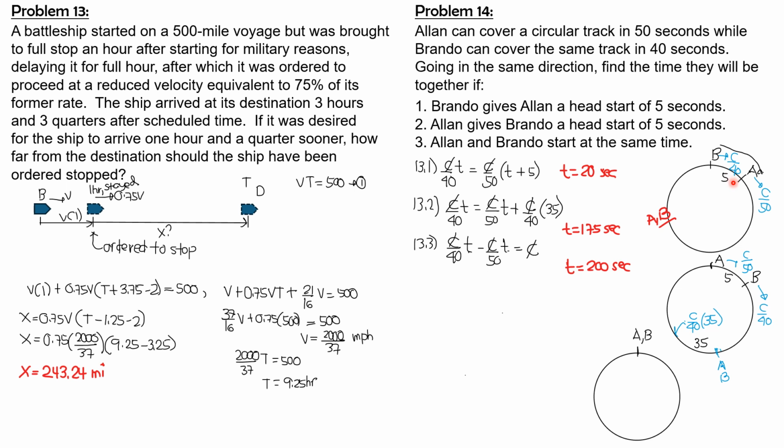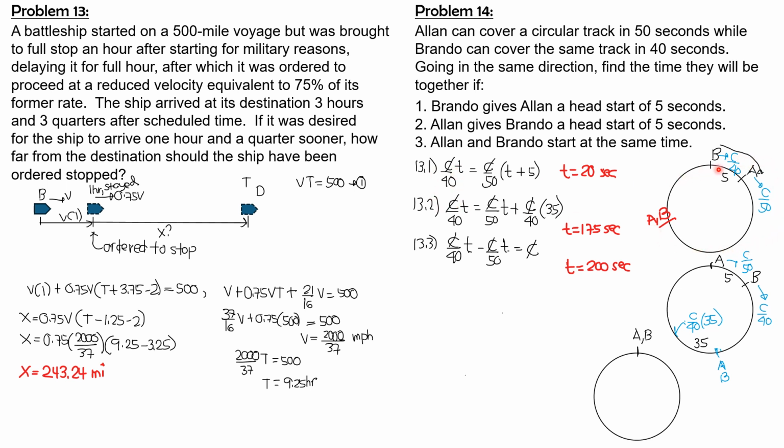Since the speed of Brando is c over 40, speed of Alan is c over 50. So that means when they meet somewhere here, Brando's distance should be speed of Brando, c over 40, times t.